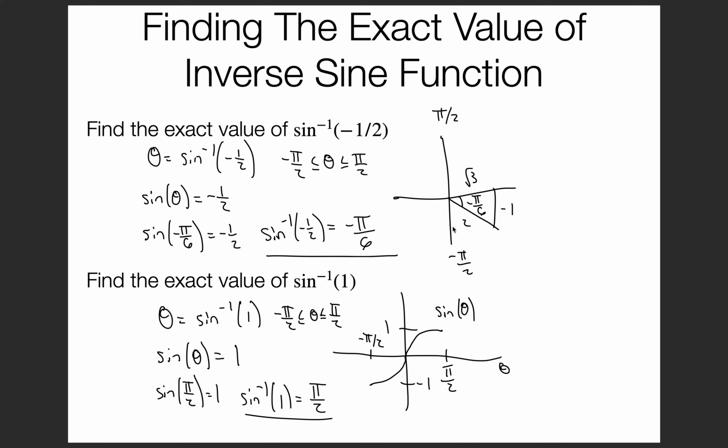Okay, so I drew a triangle, and from the fact that the sine of theta is equal to negative a half and sine is opposite over hypotenuse, that means that this has to be negative 1, and the hypotenuse is always positive, so it's positive 2. And then I can complete that third side. It's not really helpful for me, but I can complete it.